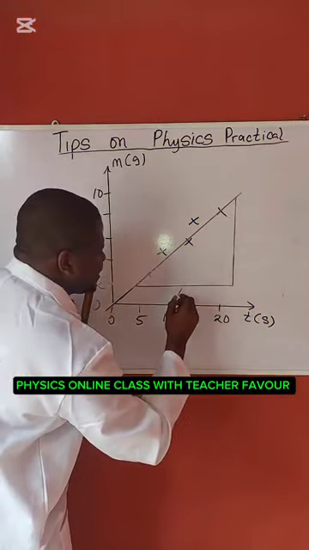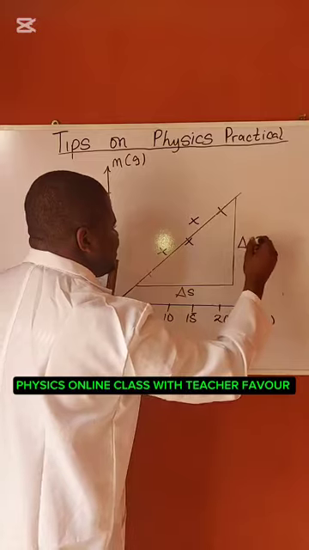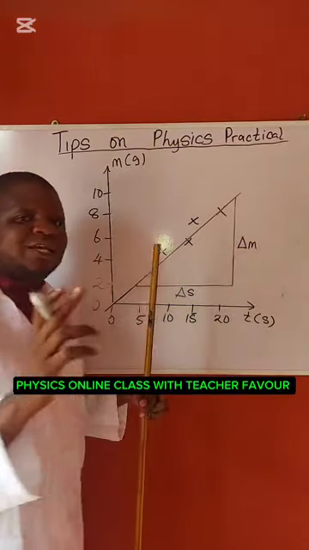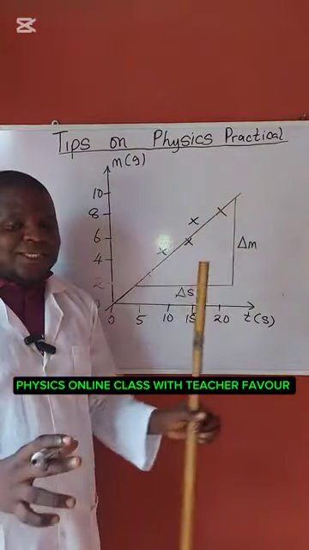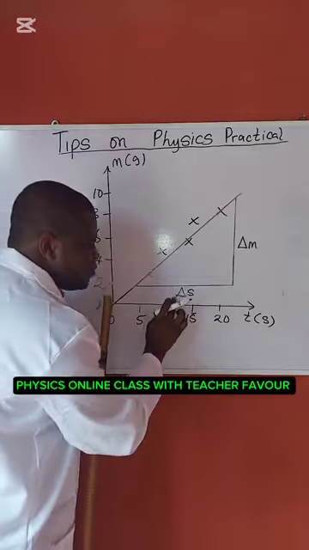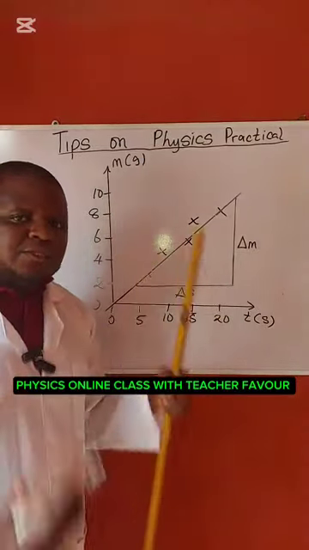So I'll come here and write change in S, and I'll write change in M. This will enable the examiner to indicate where the right angle is. So you must show this. It is from here that you can calculate slope.